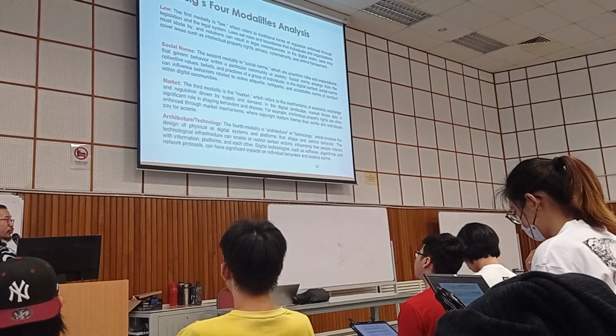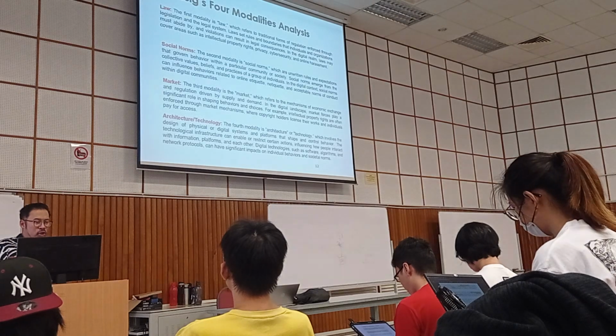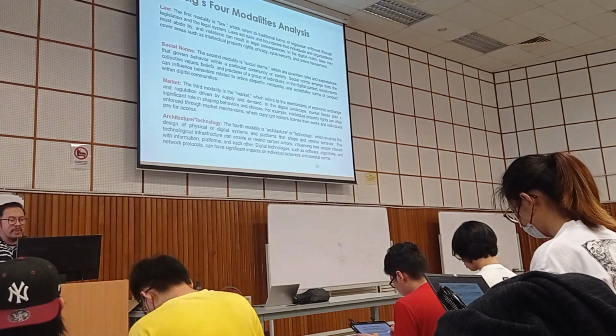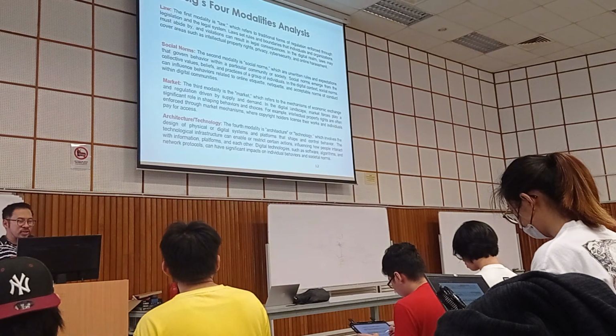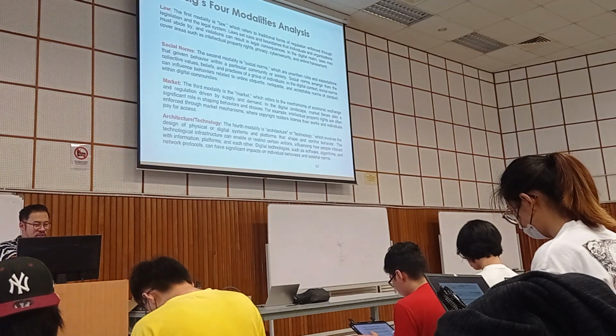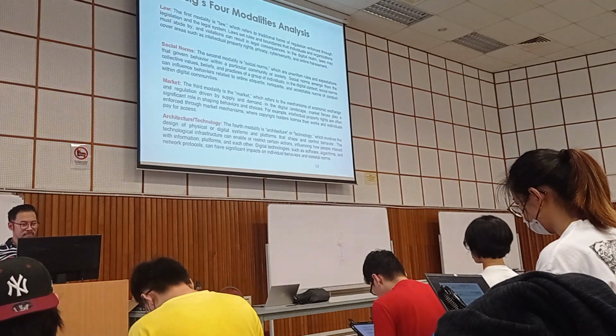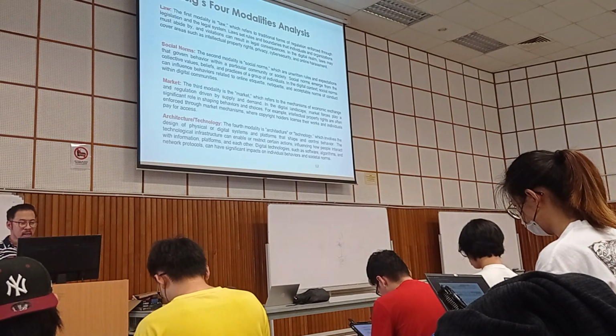And the third component, you have market. This component refers to the mechanisms of economic exchange and regulation driven by supply and demand. You learn business, you know about supply and demand.